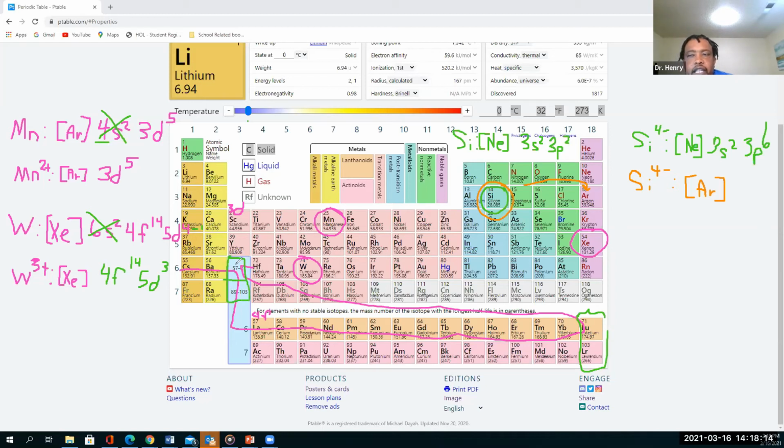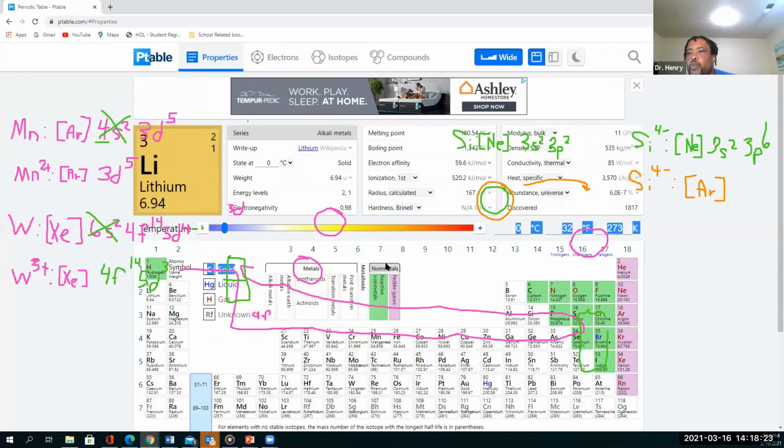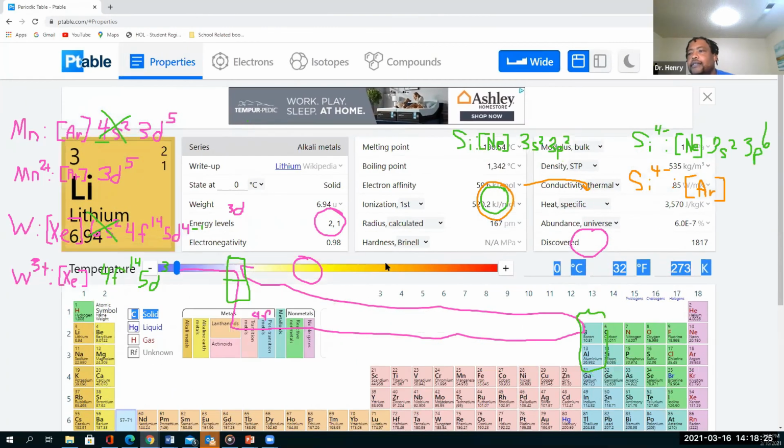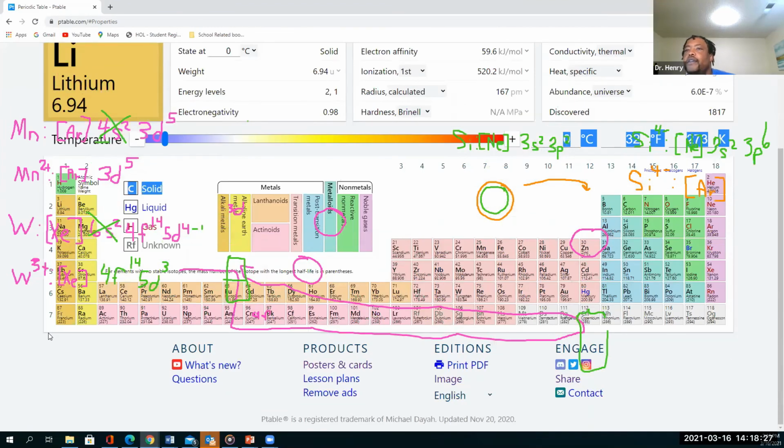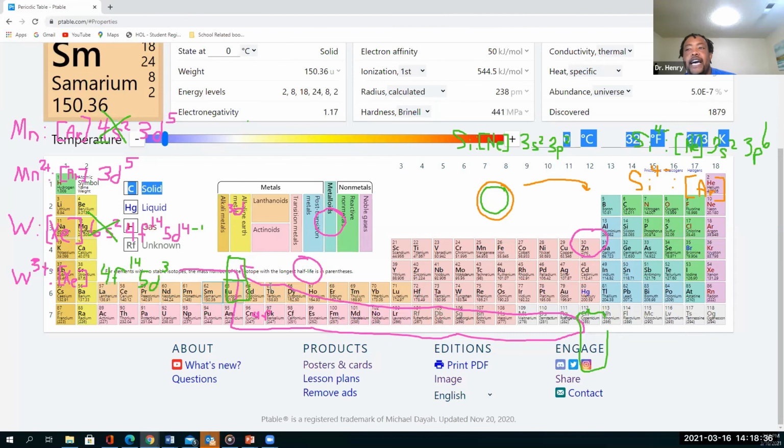That blue spot is technically where those guys actually go. But if you remember, I showed this earlier. This is what the periodic table really looks like. So here's the 4F right here. You guys see it? Okay, so we always have to fill up the 4F before we can get to the 5D. Oh, okay, thank you. No problem.